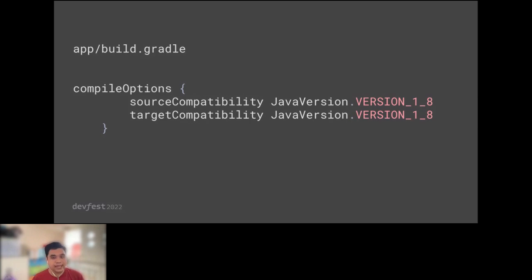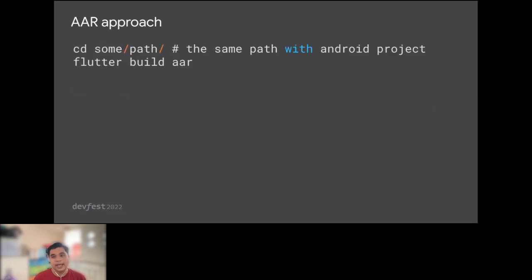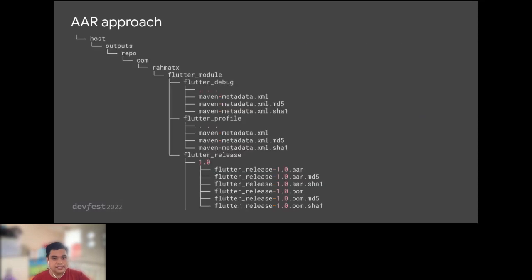And once you add that, for the AAR approach, the one thing for sure is we need to build our AAR file first. To be able to do it, we need to go to our Flutter module main directory and execute this command, flutter build aar. And the result will be something like this. The Flutter module itself has three build types, or build variants: debug, profile, and release.